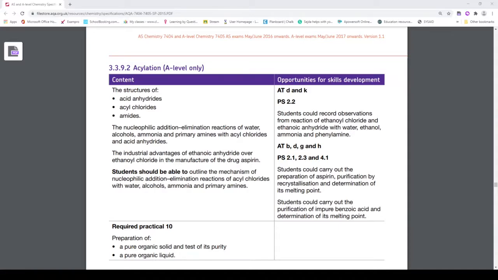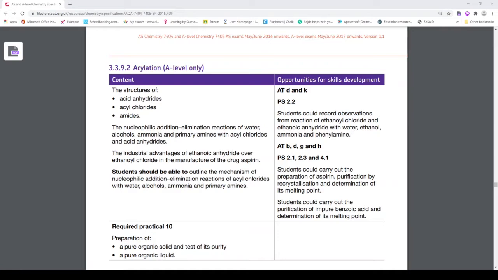So just very quickly, where does it fit in the specification? This is the AQA specification, and we can see that we need to know the structures of all these things that we're going to do. I'm conscious I haven't discussed acid anhydrides yet, but I shall be doing that next. We looked at reactions before in terms of the reaction with water, alcohols, ammonia, and primary amines.